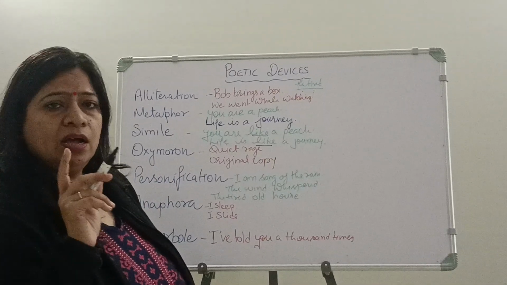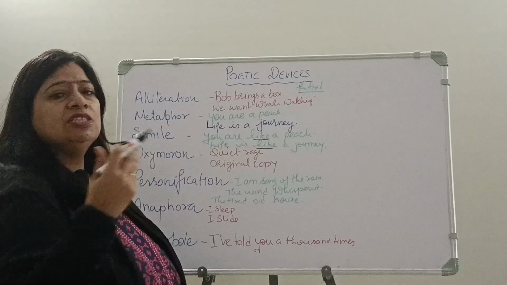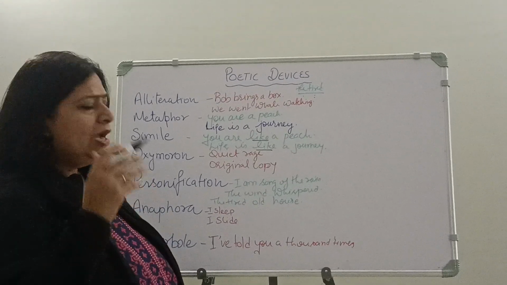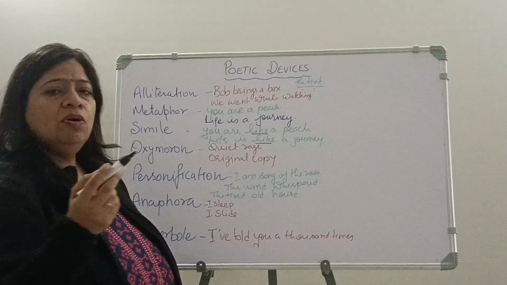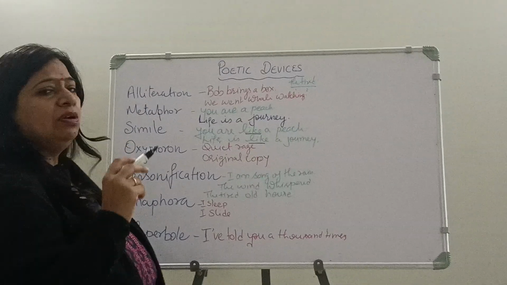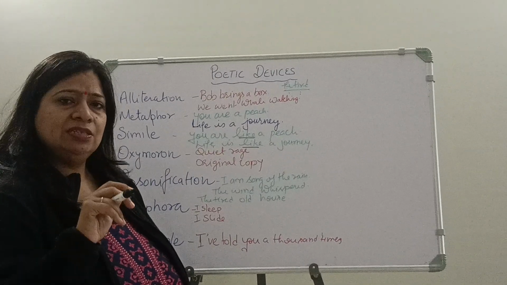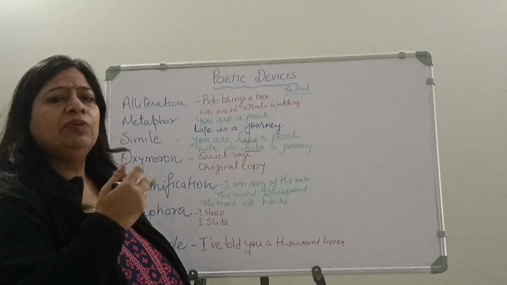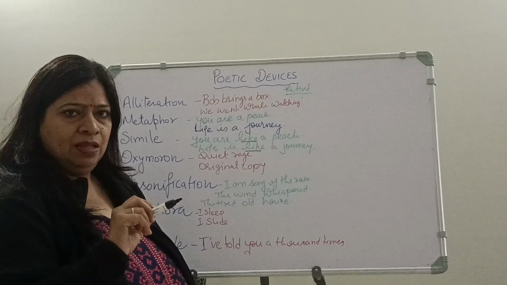So this is called oxymoron. And original copy. Something which is original but copy. So both are opposite to each other, and we do not have any other word in between these two. So we have here oxymoron. So oxymoron is something when two things are opposite to each other and they are used one after other all together without using any other word in between.